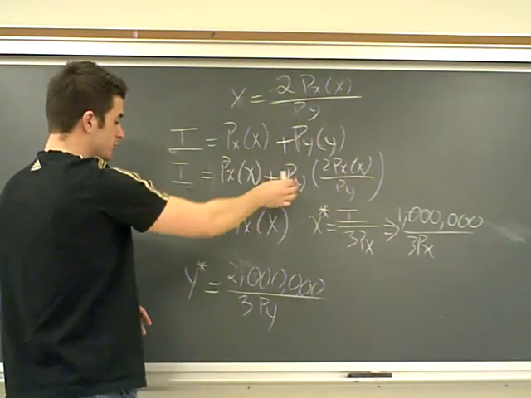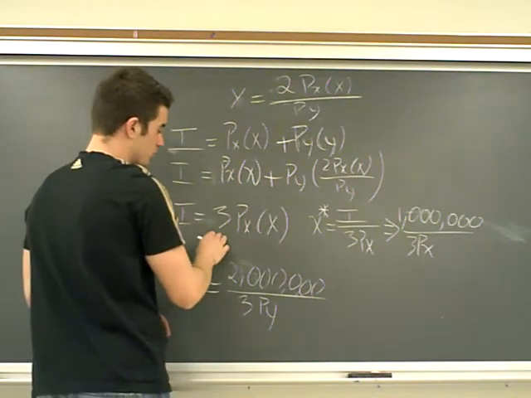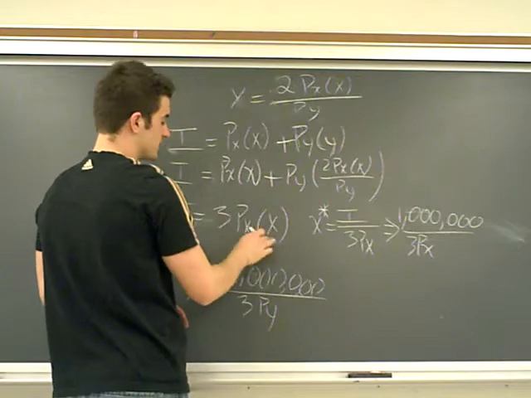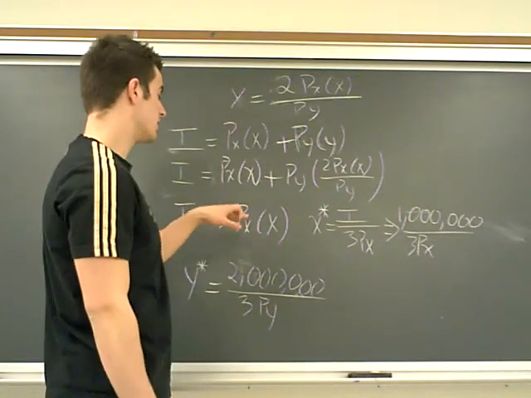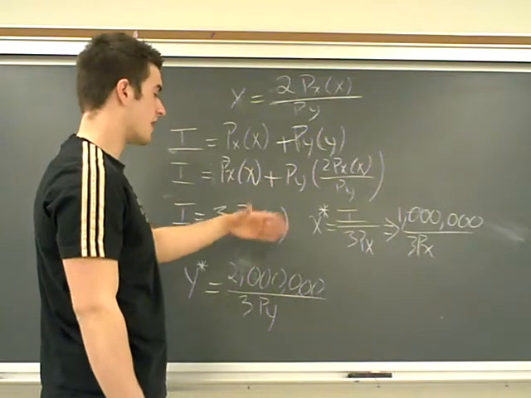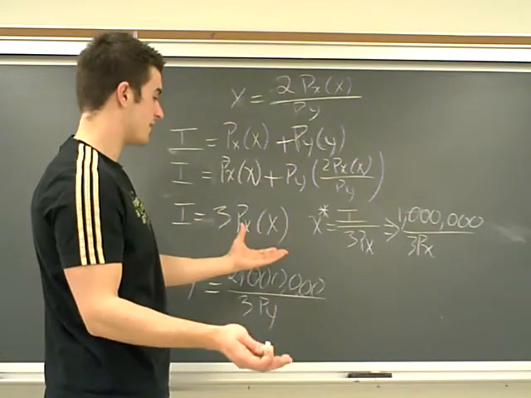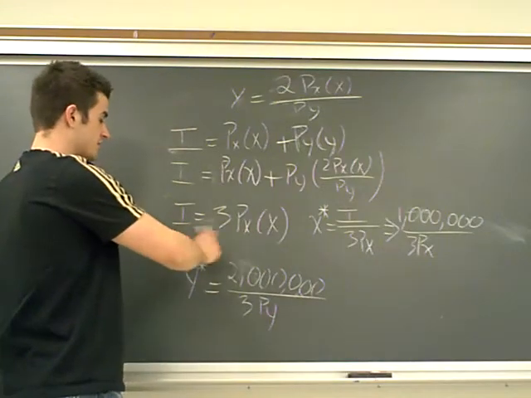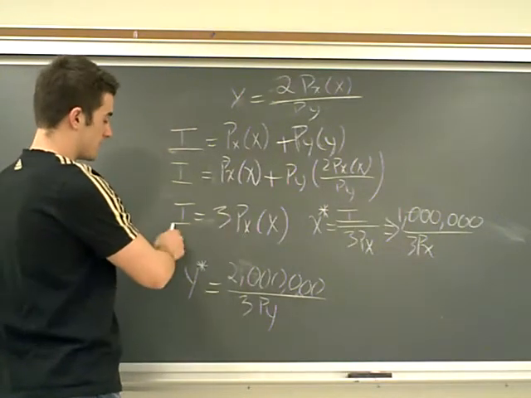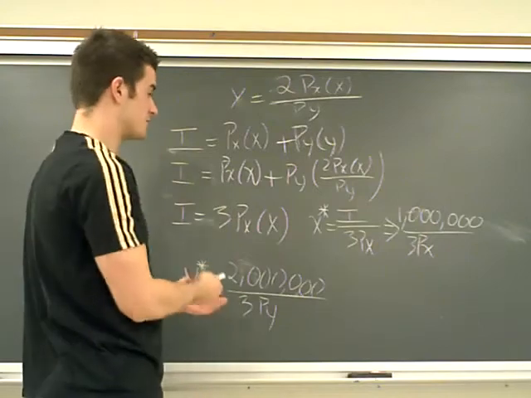So that reduces to income equals 3 times the price of x times the quantity of x. This is now our optimal amount of x. We label this x star, and we solve for these constants. Px is going to be a constant, and I is going to be a constant. I, actually, we're given as 1,000,000.